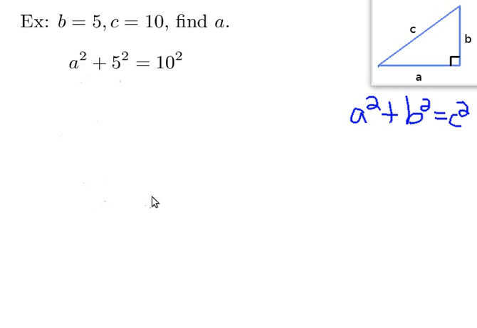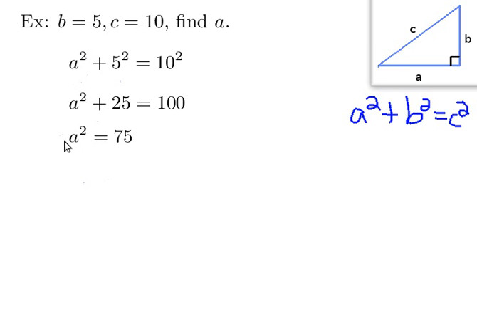We can rewrite this as a squared plus 25 equals 100. And so that means we can subtract 25 from both sides to get a squared equals 75.